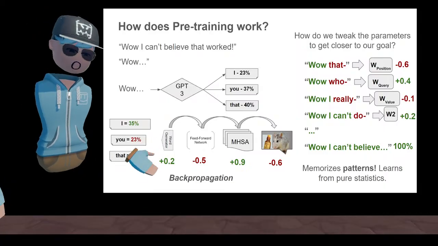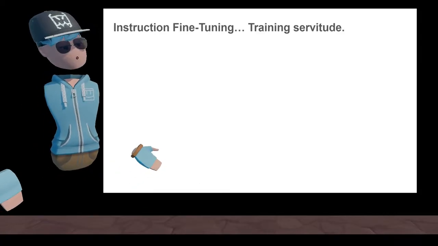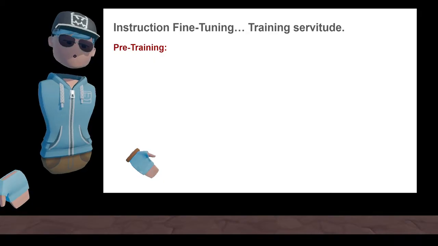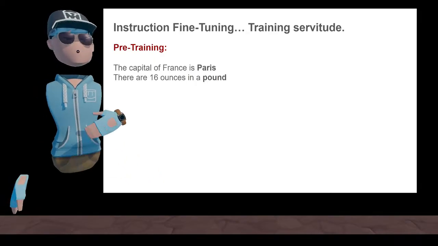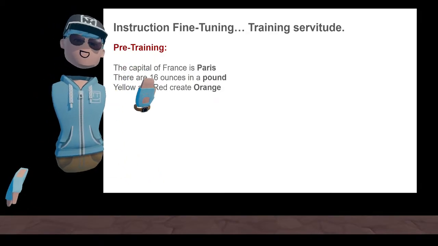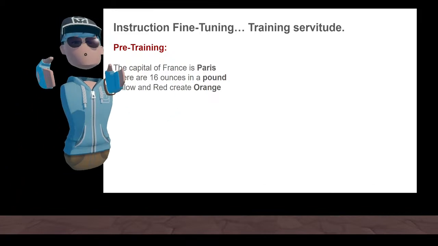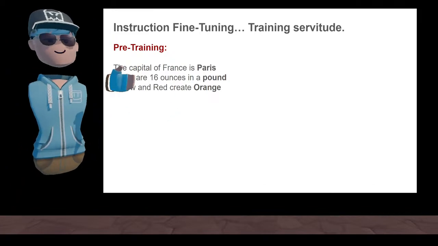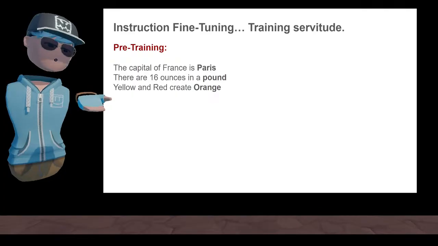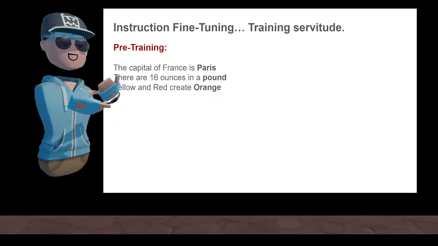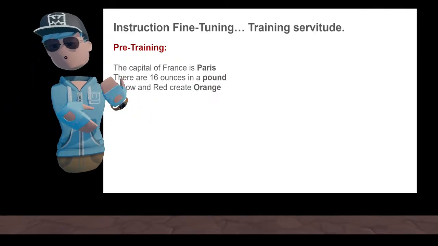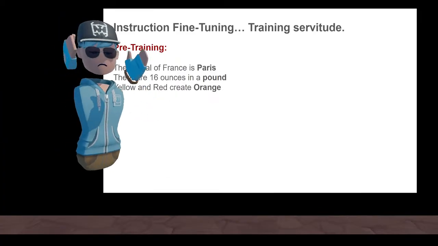So the results, it's not bad. So pre-training, given something like this, the capital of France is Paris, where we want it to predict the word Paris. So we'll give it the capital of France is, and then it finishes that sentence. Or there's 16 ounces in a pound, red and yellow, green, orange, whatever, just autocomplete.